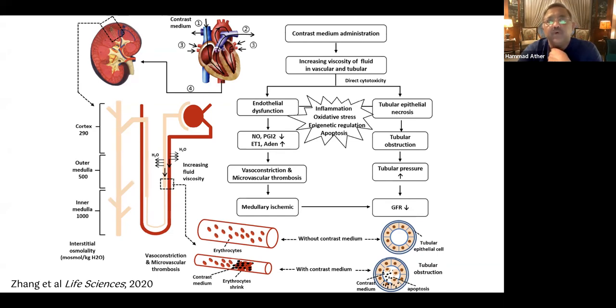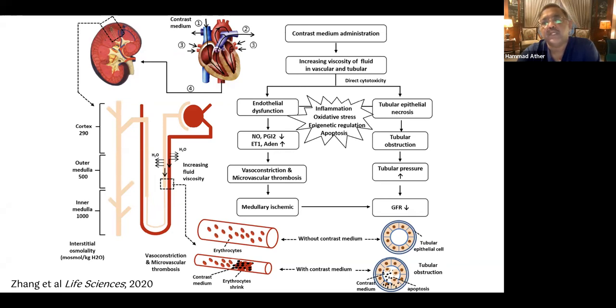impacts the GFR. On the other hand, the contrast agent itself can result in endothelial dysfunction with release of nitric oxide and the various response agents to inflammation, including ET1 and adenosine.